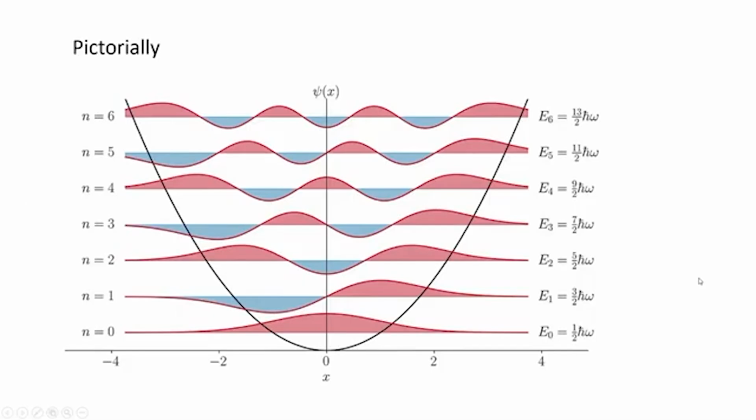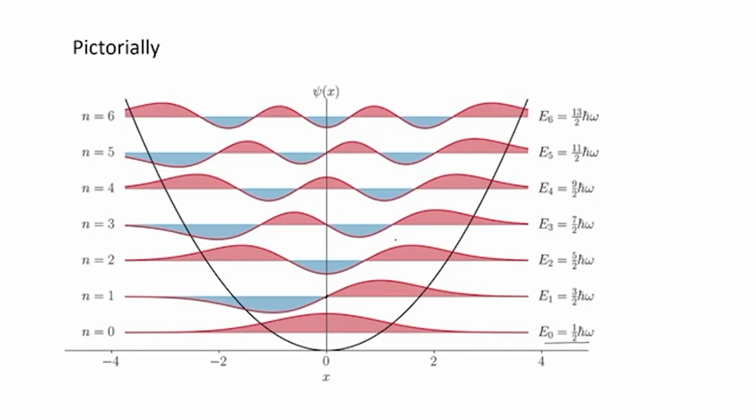They are shown as this. As you see, the lowest one is simply a Gaussian with an energy of half h cross omega. The first one has a node here, which is what I was trying to show, with an energy of 3 half h cross omega, not minus, it is 3 half h cross omega. The second one of course has 2 nodes inside the well, with energy 5 half h cross omega.